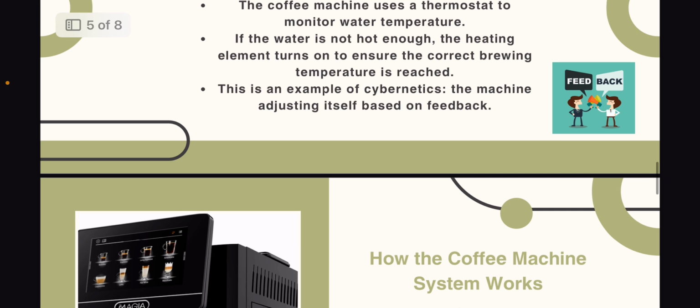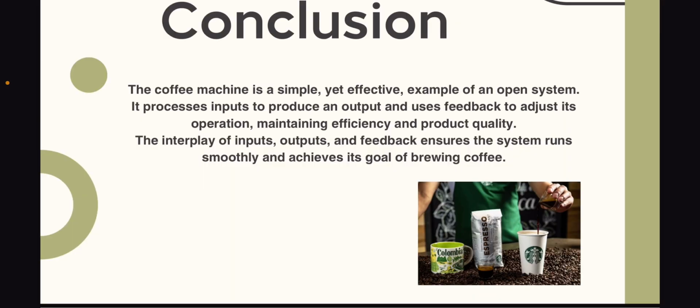The coffee machine depends on inputs from outside, for example water, coffee grounds, and electricity, and all those things are connected toward a goal, and the output is the final product, brewed coffee.